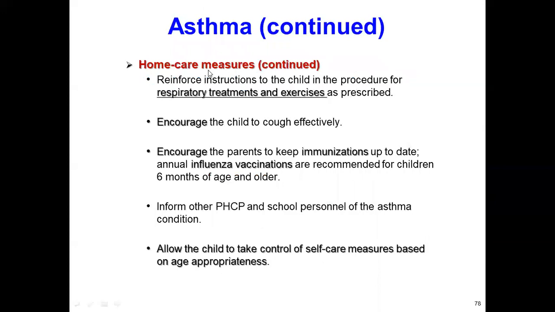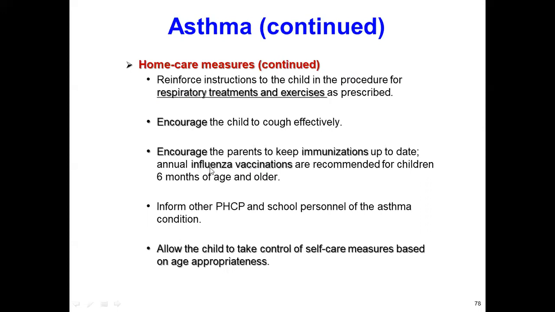What next? Family teaching. Home care of asthma. Reinforce the instruction to the child on respiratory treatment and exercise as prescribed. Encourage the child to cough effectively, and encourage the parents to keep immunizations up to date.